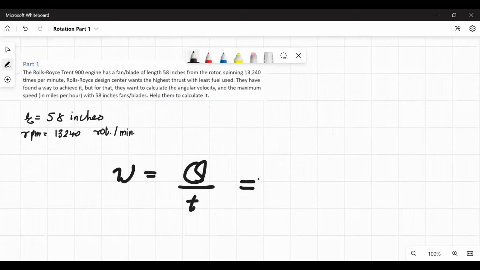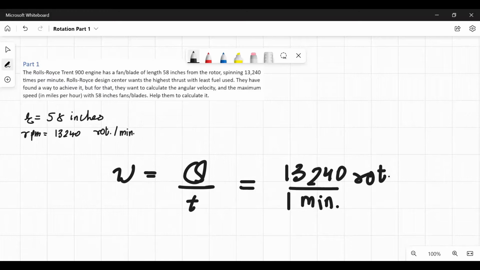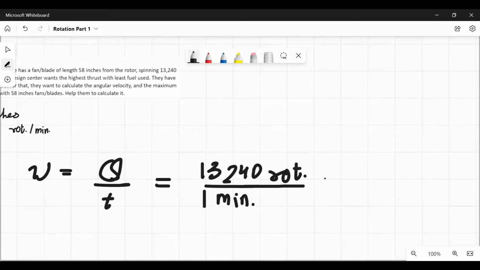Now theta is going to be 13,240 rotations over a minute. Then we multiply it by 2 pi over 1 rotation. So this is converting from rotations to radians.